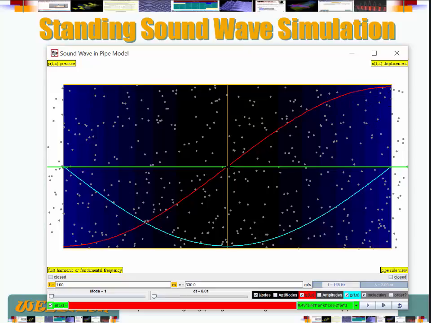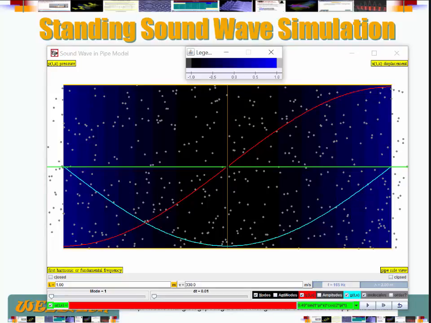In addition to the displacement, we can measure the pressure, and we measure it two different ways here. We have this cyan curve that represents the pressure. A zero here represents zero pressure. This is maximum pressure. We don't have the units here, but that's the idea.